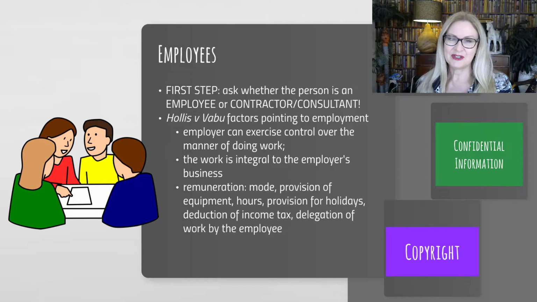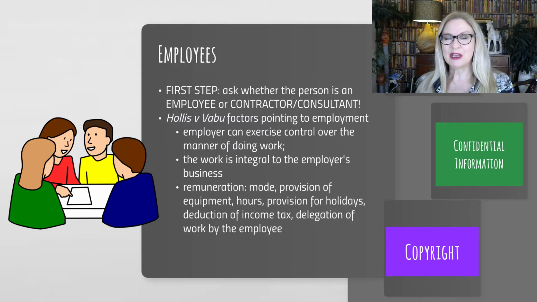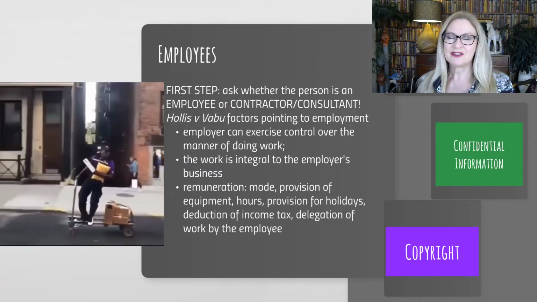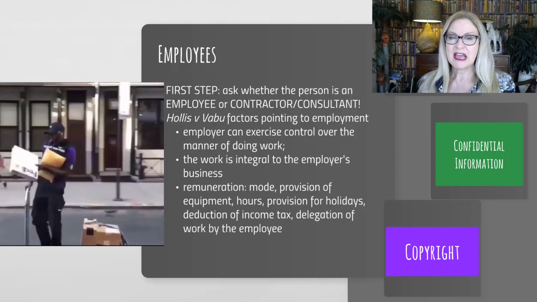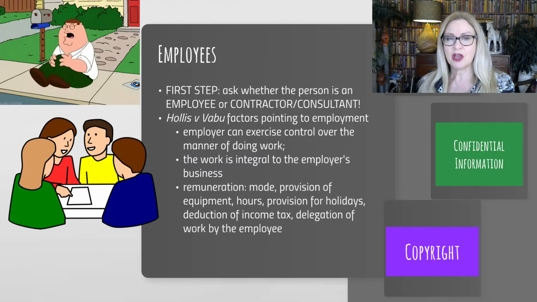Poor old Mr. Hollis worked for Team Couriers, the white hats innocent party in this particular case, and Mr. Vabu ran a bicycle courier company full of rather errant bicycle delivery people by the name of Crisis Couriers.